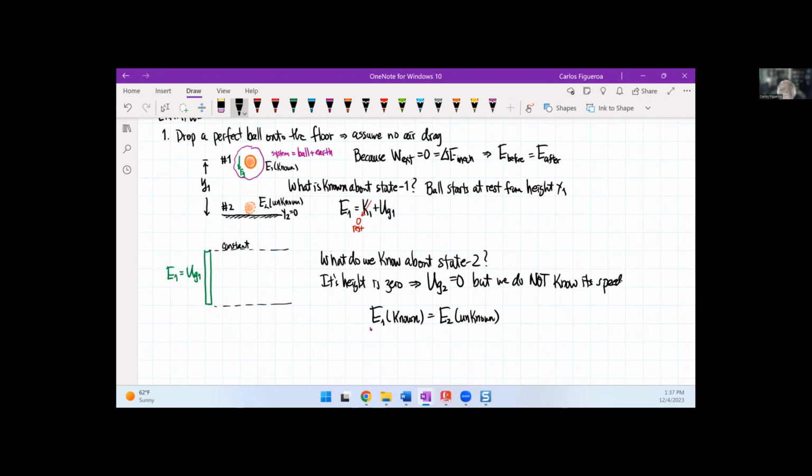It's an unknown. So when I look at this thing, I could then come over here and just say, when I get to the bottom here, I see that the gravitational potential energy is 0. Here, we see that the kinetic energy at 1 is 0. So then we are forced to conclude that all of the potential energy has transformed into kinetic energy.